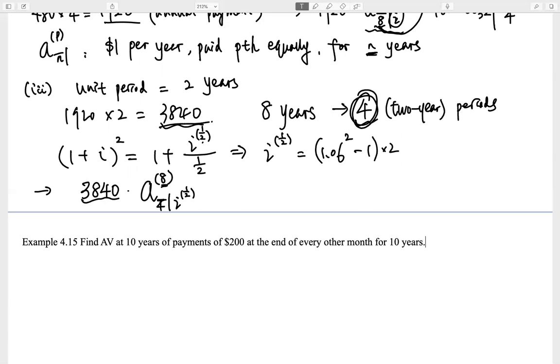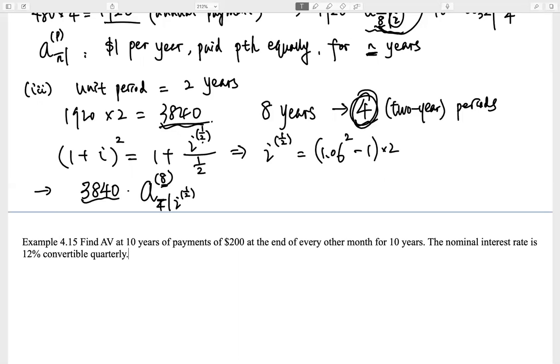What we know is the nominal interest rate is 12%. When we quote a nominal interest rate it is always per year, but here it's convertible quarterly.